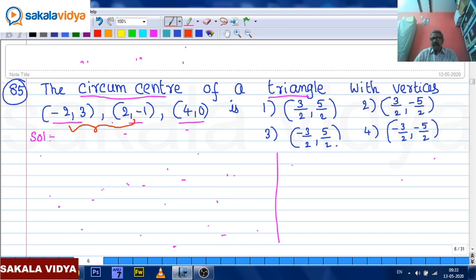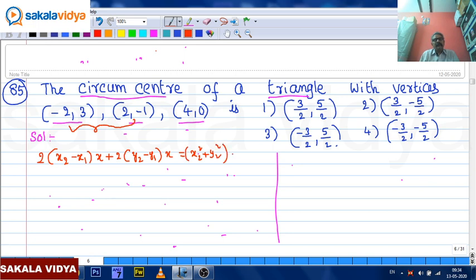The equation of the perpendicular bisector is given by 2 times (x2 minus x1) times x plus 2 times (y2 minus y1) times y equals x2 square plus y2 square minus (x1 square plus y1 square).